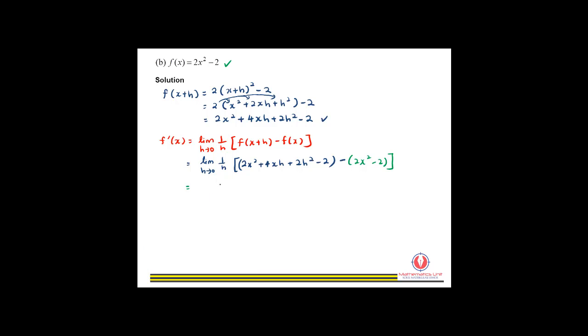Okay, we can simplify. 2x squared minus 2x squared is 0. Negative 2 minus minus 2 is positive 2. So we'll get limit 1 over h times 4xh plus 2h squared as h approaches 0.